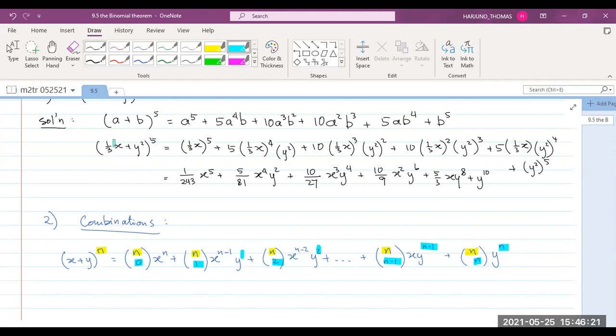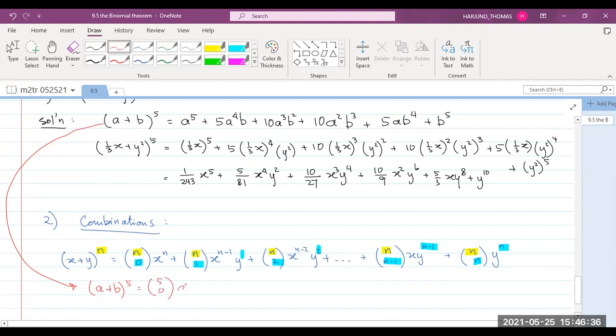Okay, so if I expand this (a plus b) to the fifth using combinations, this is the same as 5 combination 0, a to the fifth, plus 5 combination 1, a to the fourth b, 5 combination 2, a cubed b squared.